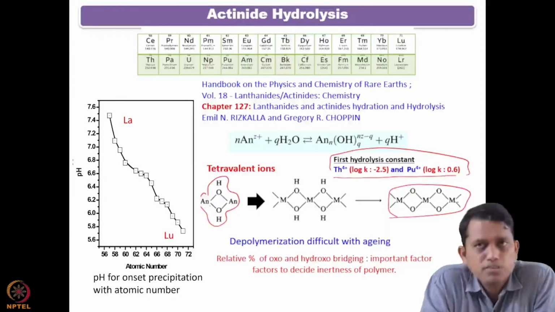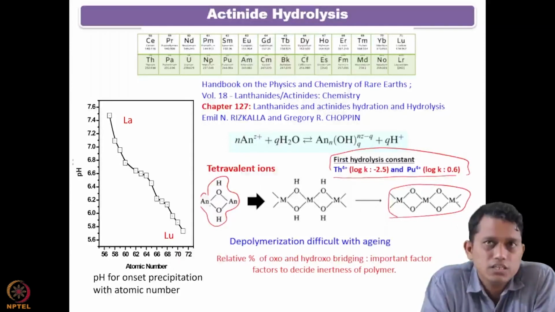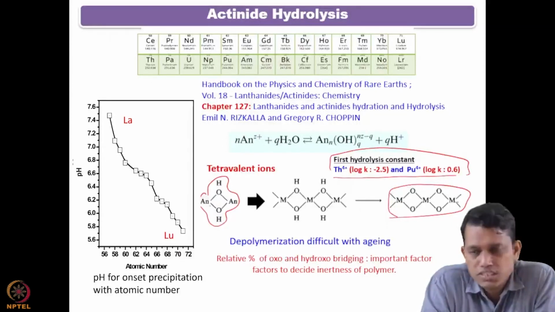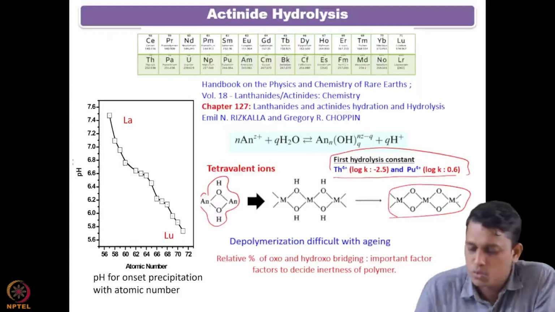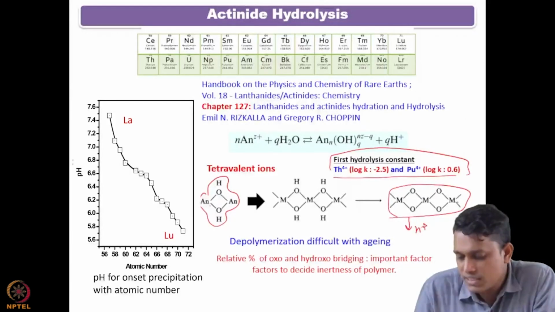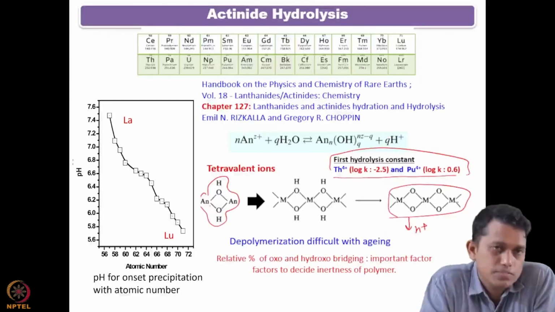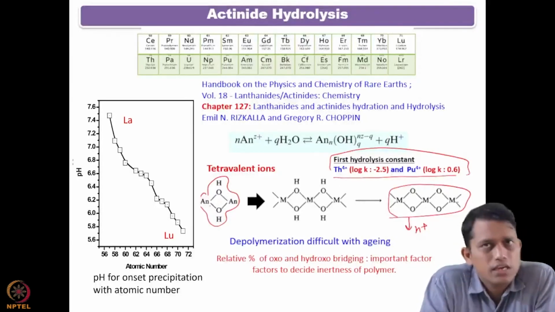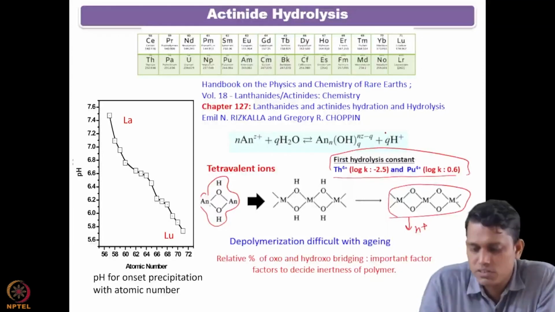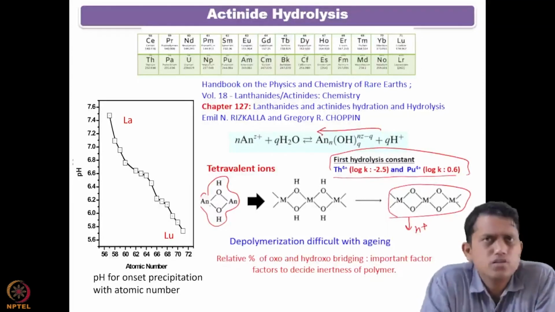And these kinds of polymers are very difficult to dissolve, and with aging their stability increases, and so does the relative stability, or you can say the inertness, of these polymers toward acid. As you have seen from this equation, suppose you prepare a hydroxide, and just after the formation you add acid, then from this equation you can get back your metal ion of interest.